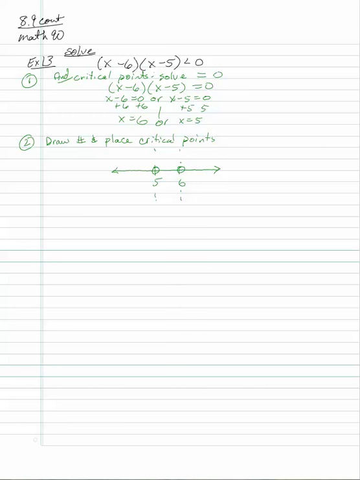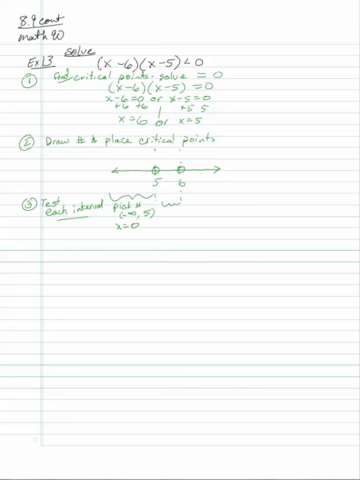So we have an interval. The next step is we're going to test each interval. You're going to pick a number in each interval. So pick a number between negative infinity and 5. Let's try 0. So let's say x equals 0.